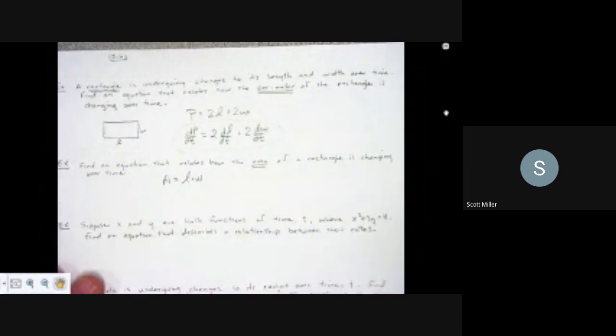In that one, it says find an equation that relates how the area of the rectangle is changing over time. So same picture. I'm not going to redraw the picture. We have length and width. And what is the formula for the area of a rectangle? You write that formula down, length times width.